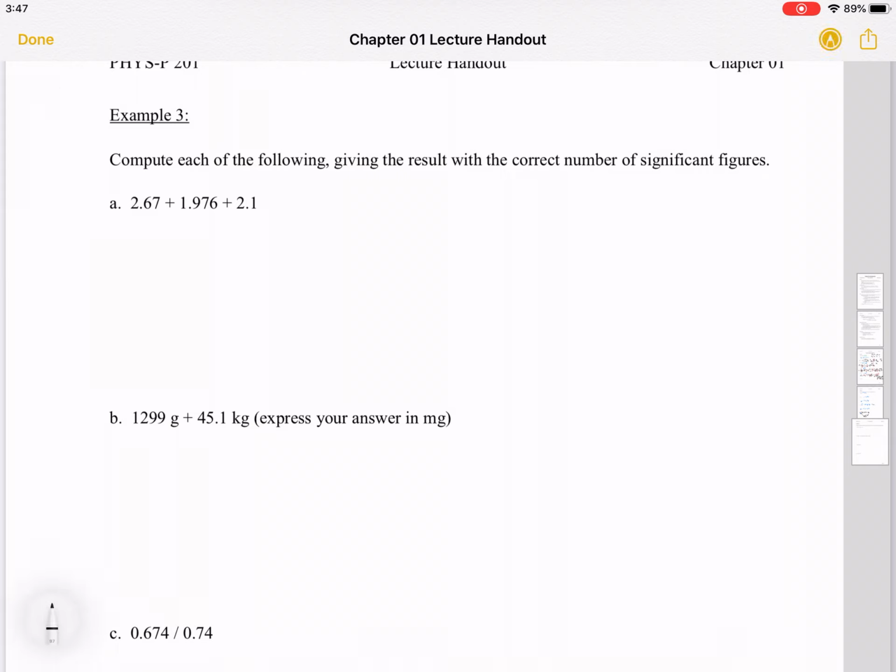So you remember when you learned how to add numbers with decimals? You line up the decimals vertically. This actually exemplifies this very well. So 2.67 plus 1.976 plus 2.1. So you see the least precise number ends at the 10th spot.